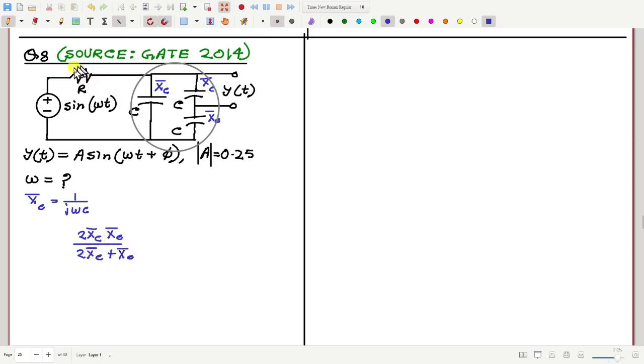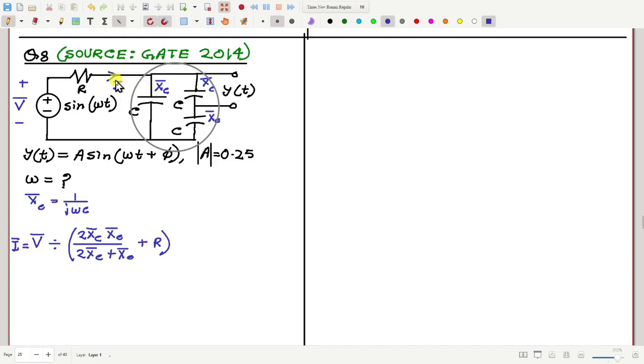And then this resistance is in series, so plus R. Now if I call this source voltage V phasor, then V divided by this total impedance will be this current I, the total source current.